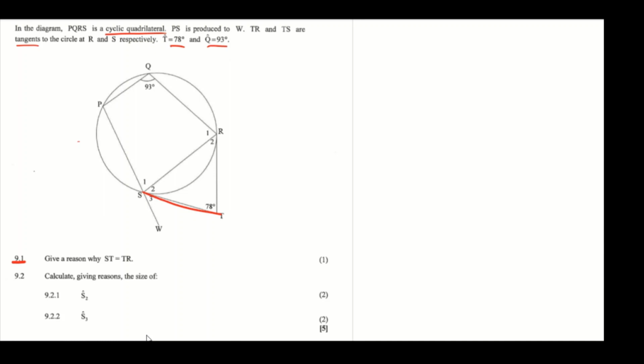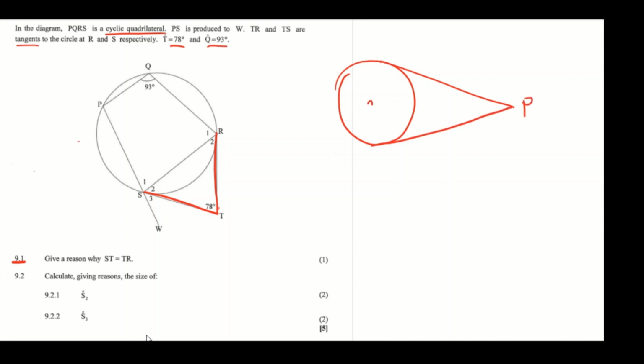why this tangent is equal to this tangent. If you remember clearly, there's a theorem that I did which has a circle and tangents like this, and this was P, and this is the center, and then there were lines like this which are radii, and then there was this line here.